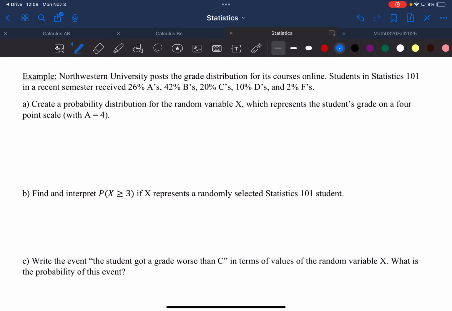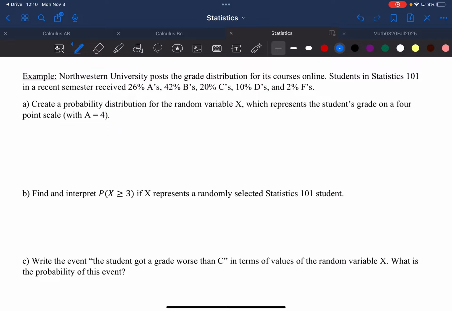Okay, so example 1 says Northwestern University posts the grade distribution for its courses online. Students in Statistics 101 in a recent semester received 26% A's, 42% B's, 20% C's, 10% D's, and 2% F's.